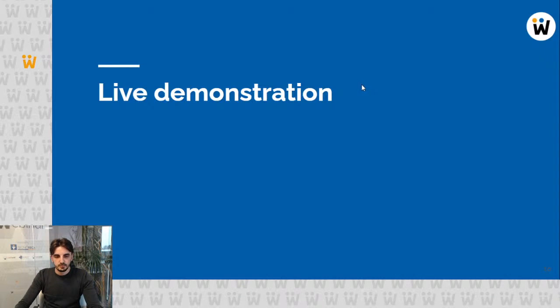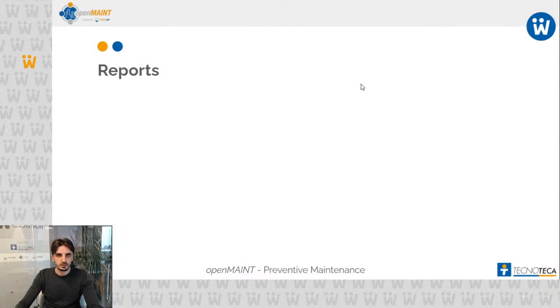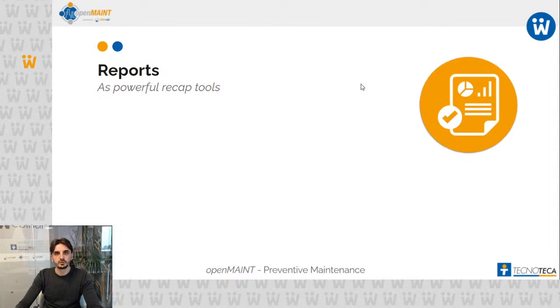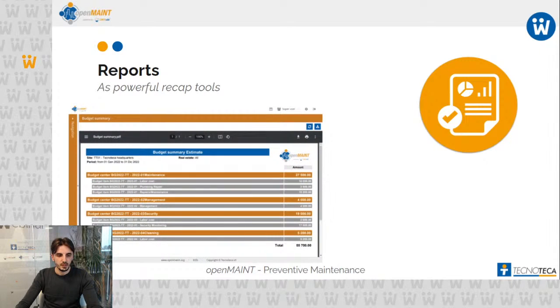Now, lastly, we have a brief overview of the reports as powerful recap tools. So the reports that are by default present inside openMAINT are concerning the financial module. We have the budget summary one, which is a single report, but it is actually as if 3 reports were merged into one.